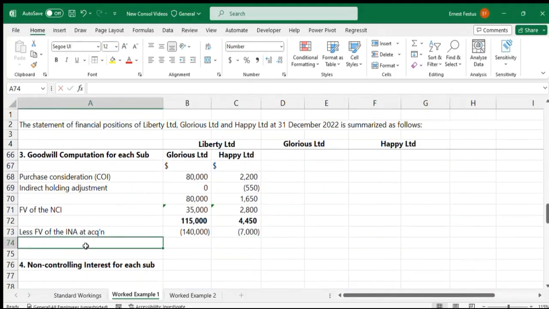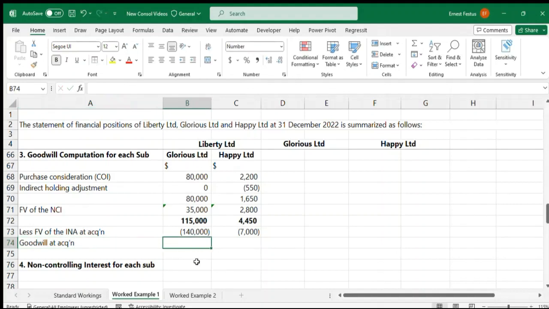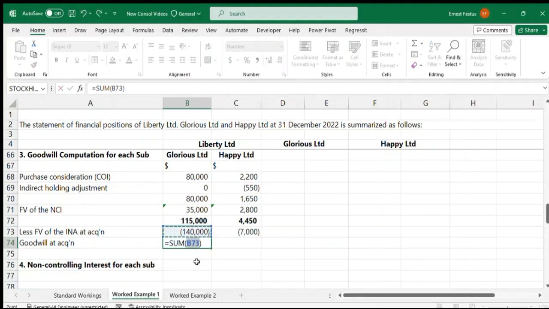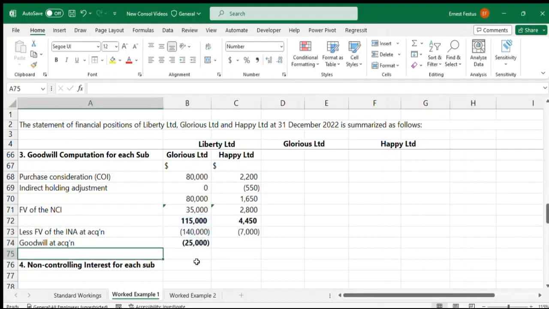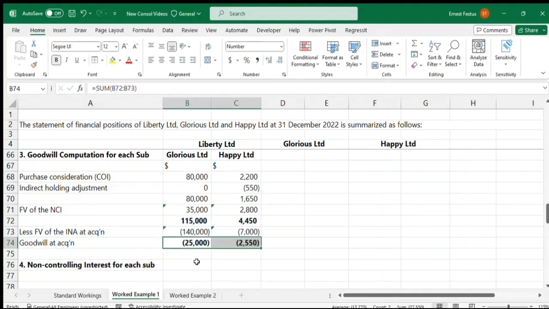So we have our goodwill at acquisition. And that is equal to the sum. So I'll sum them since this is a negative figure. So I'll just sum and then copy my formula to the right. Then let me insert a border here.